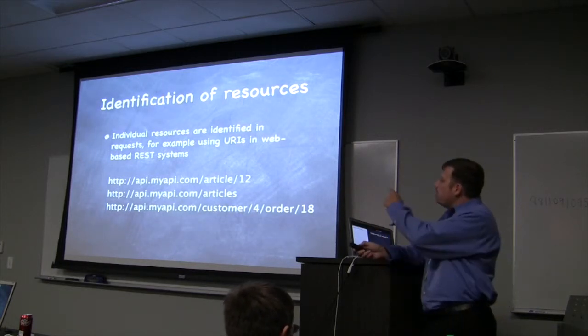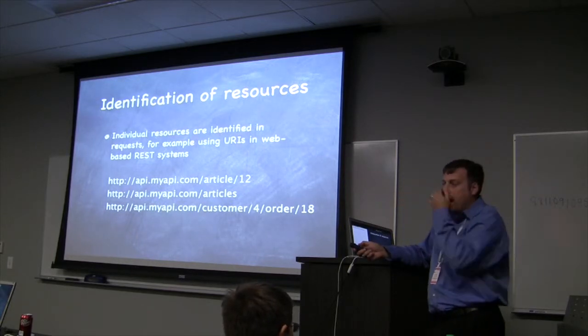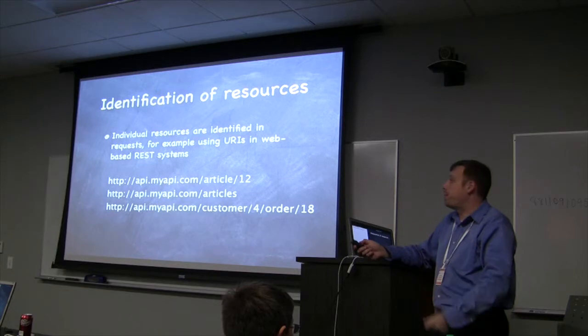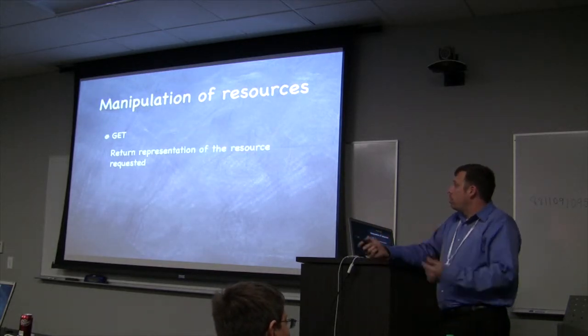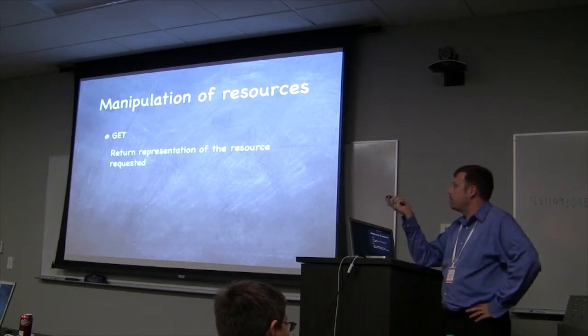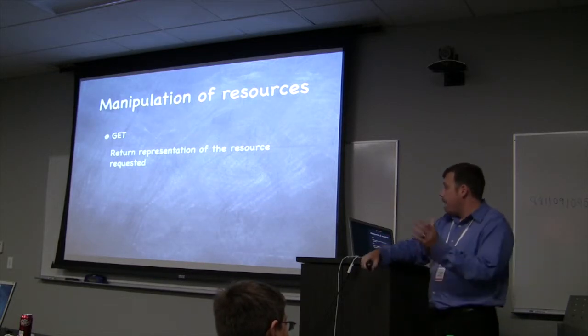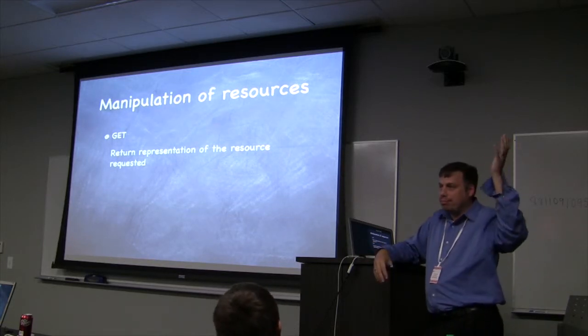All right, so once we have some resources that we can get to like this, we know where they exist. How can we manipulate them? How can we interact with them? GET. This will return a representation of the resource requested. All right, so how many of you are familiar with a GET request?